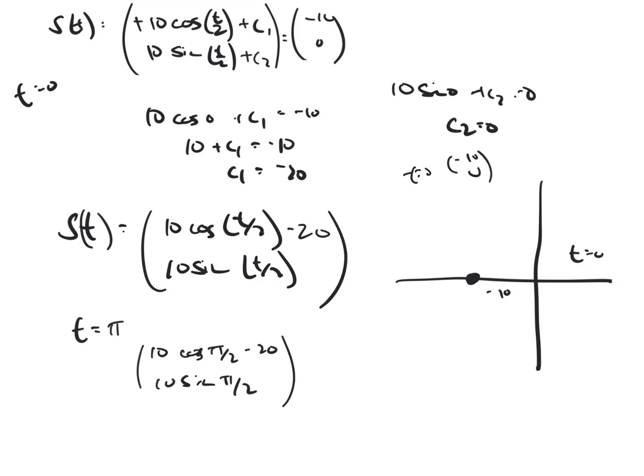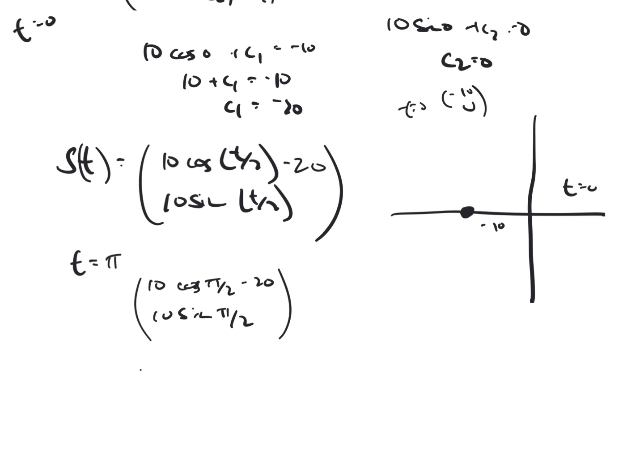Well, when I do the calculations on that, I get 10 times 0 for cosine of pi over 2, minus 20 is going to be minus 20, and for the y value, it's going to be 10 times 1, so that's going to be 10. And so what happens then, I have this coordinate point, I go across negative 20 and I go up 10. So it's gone from here to here.